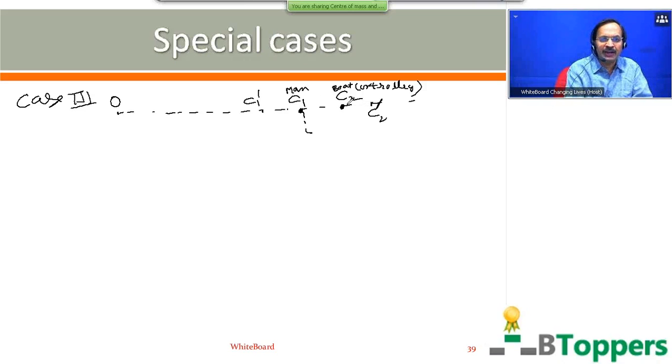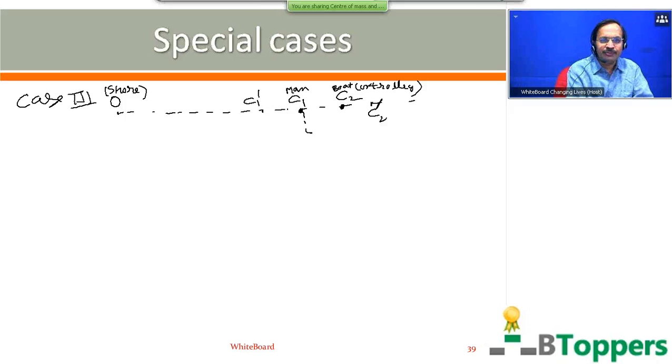Let C2 be the initial position of center of mass of the boat or trolley when both are initially at rest. As I discussed, the man walks some small distance linearly on the boat toward the shore. Where is the origin? Some fixed point near the shore. Let C1 dash denote the new position of center of mass of the man or person standing on the boat. C2 dash is the new position of center of mass of the boat or trolley on which the man stands.